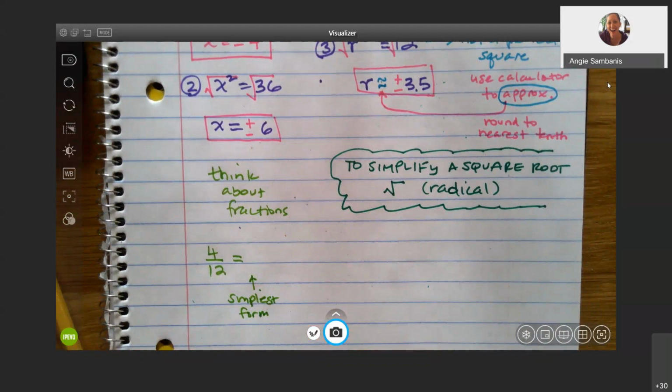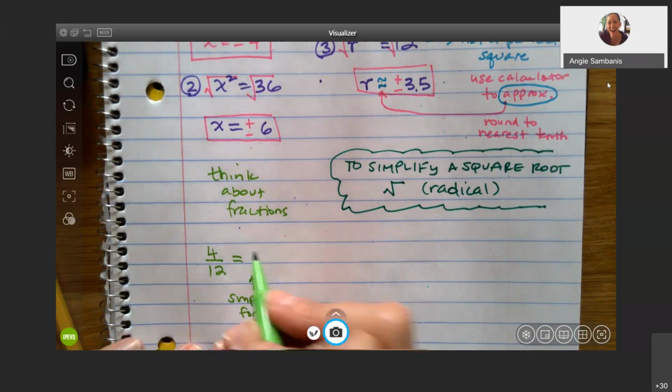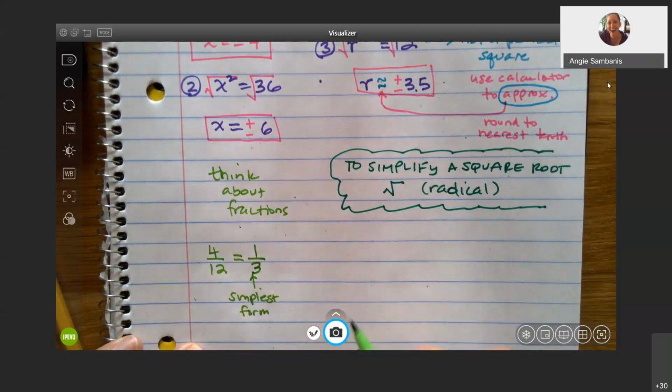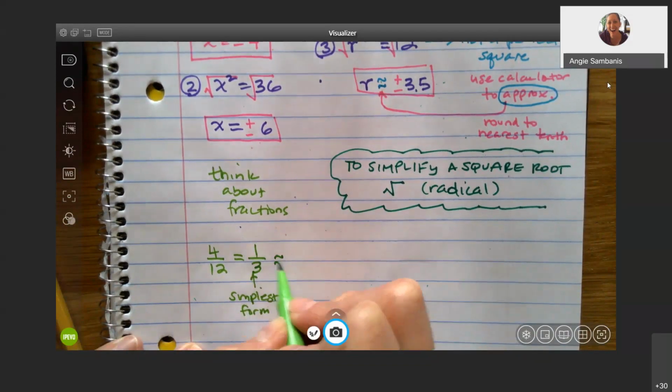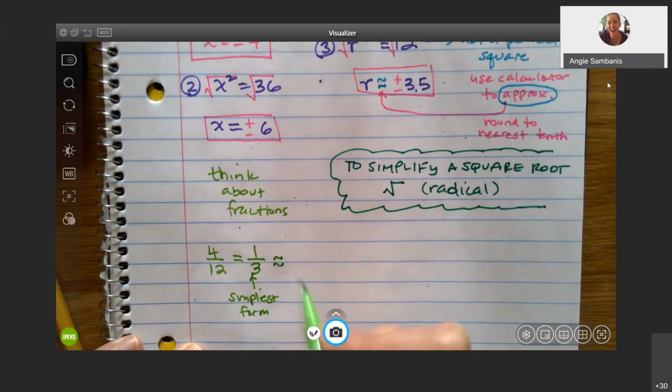And we could get 1/3. Or we could approximate it by dividing. What's 1 divided by 3?